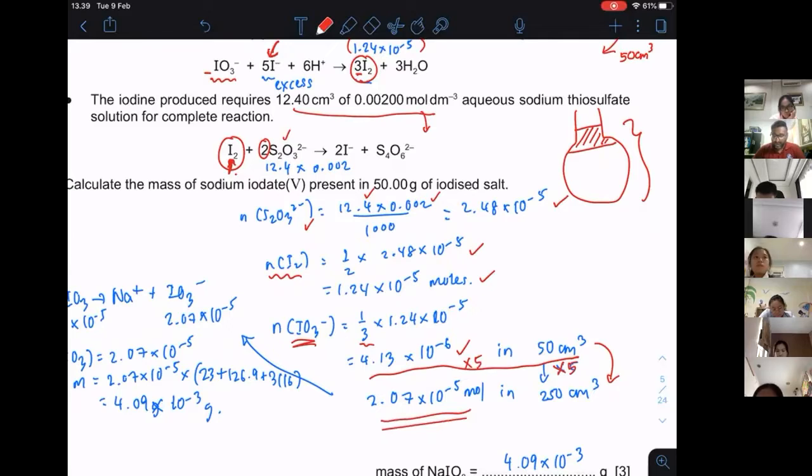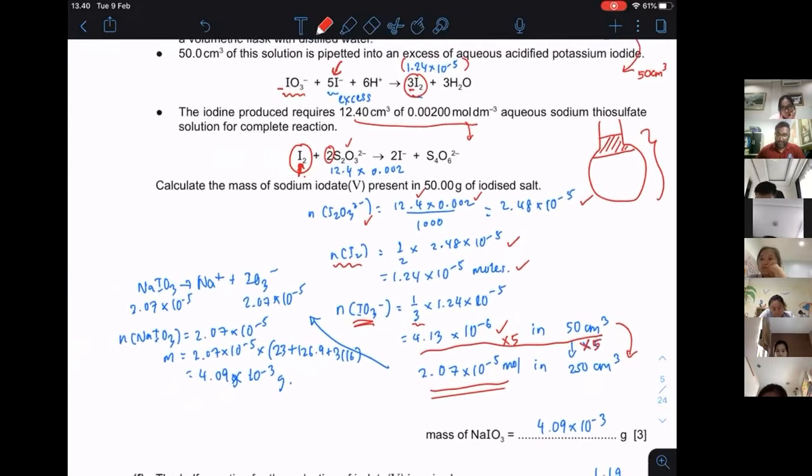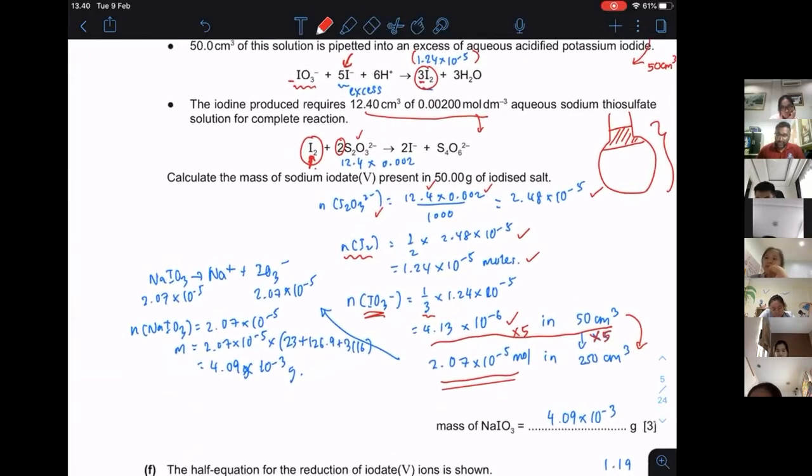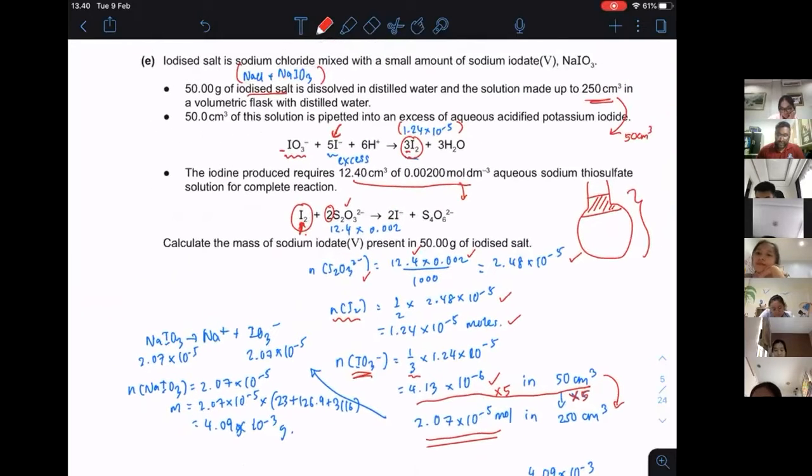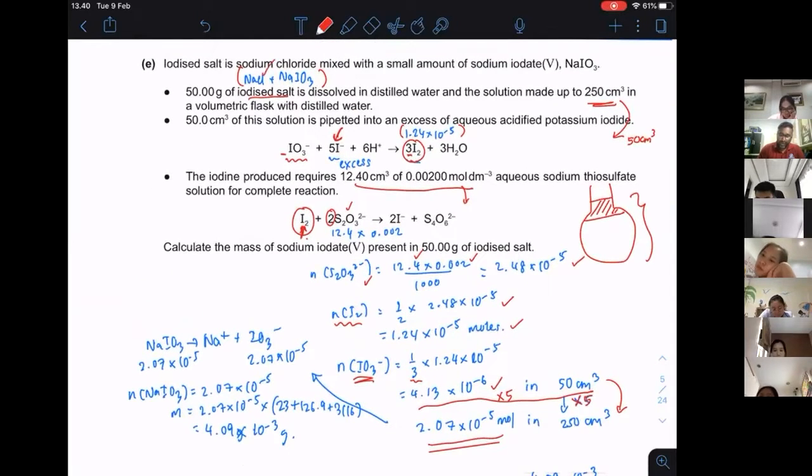Once I have this number of moles, please really understand the concept. It's a mixture; there is sodium chloride and NaIO3 over there, and you calculated the number of moles of the ion. So you still need to relate that number of moles of that ion to the one you are going to calculate.